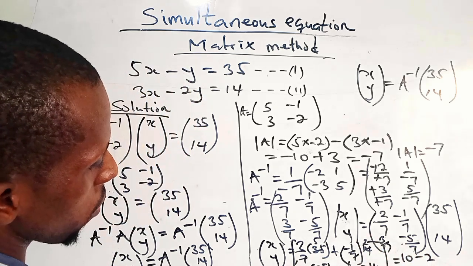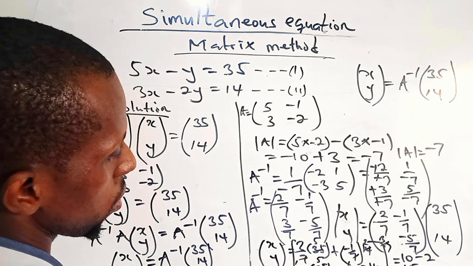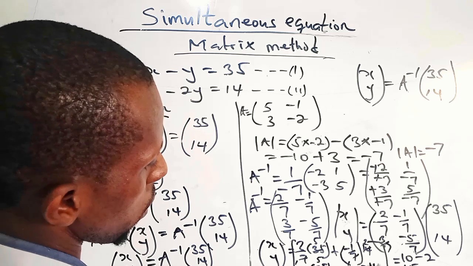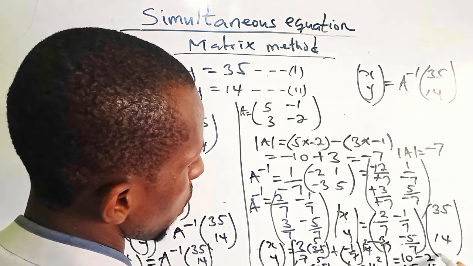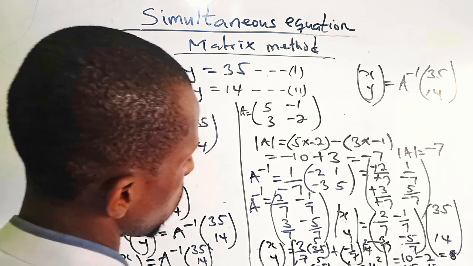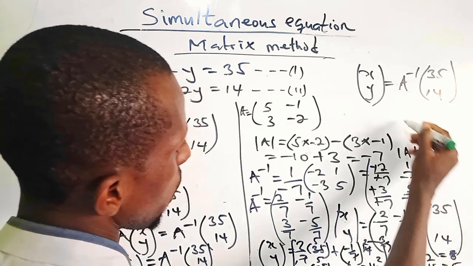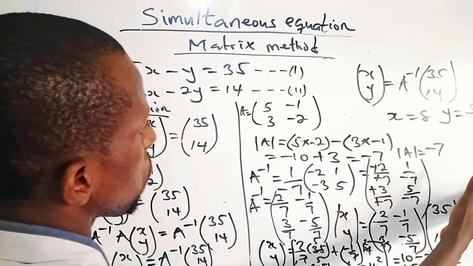For the down row, I have 7 here 1, 7 here is 5, 3 times 5 is 15, here should be minus, 7 here is 1, 7 here is 2, minus 5 times 2, that is 10. So I have the value of my x to be 8. I have the value of my y, 15 minus 10, to be 5. So x equals 8, y equals 5.